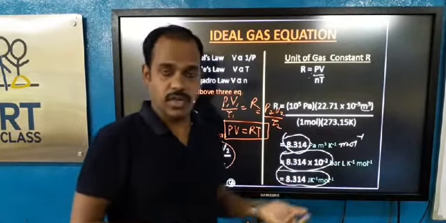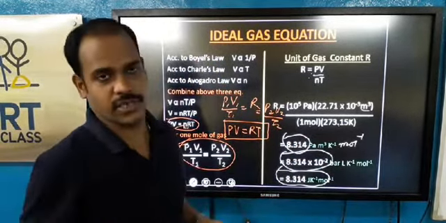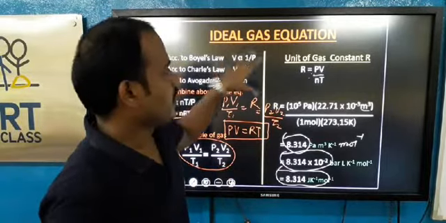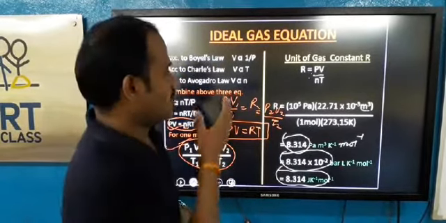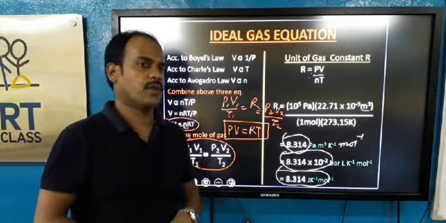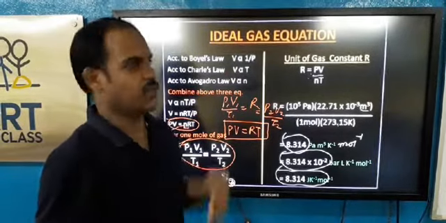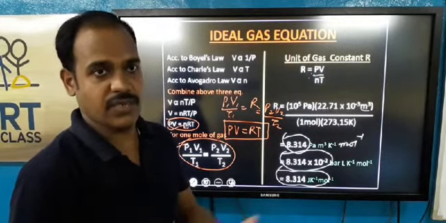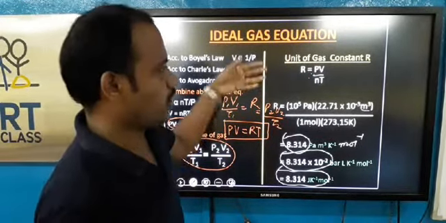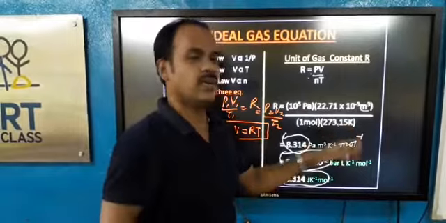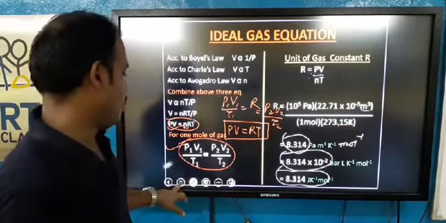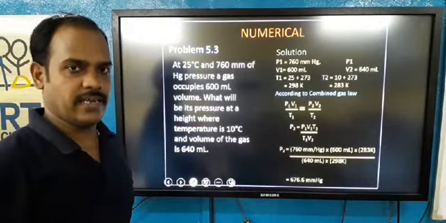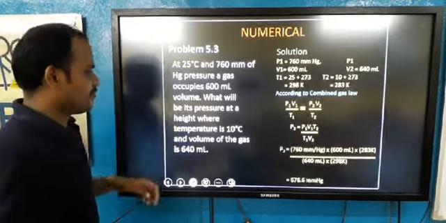The simple solution: in the question, find out the units of pressure and volume, in which unit pressure and volume are given, and according to those units you can choose the value. So let's see how. There is a numerical, and what is the numerical?